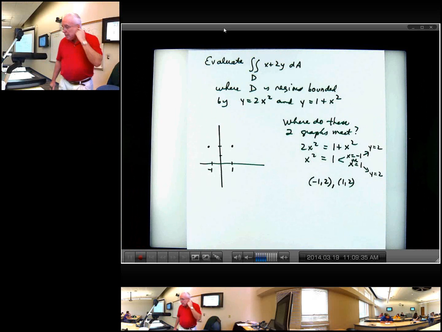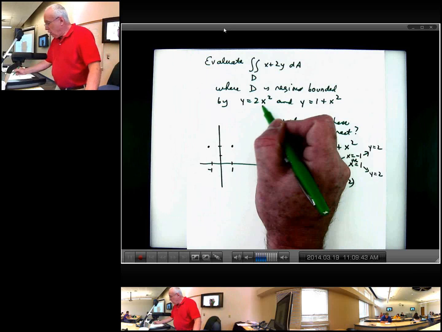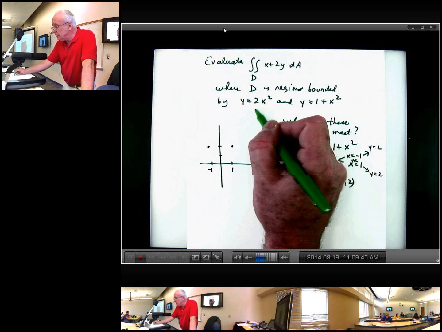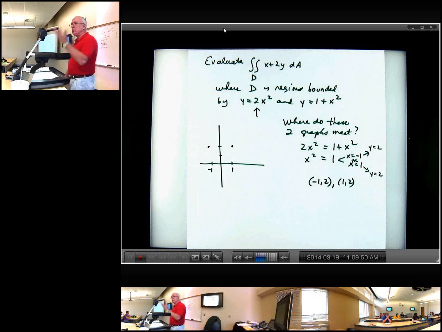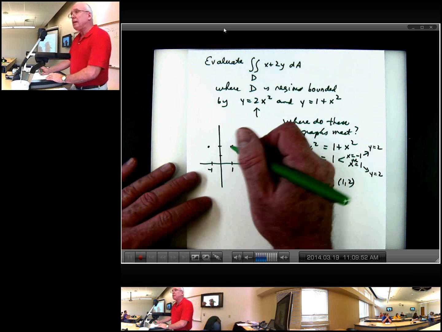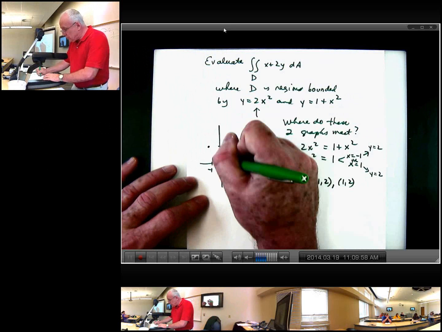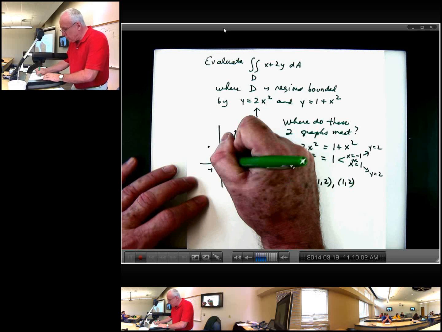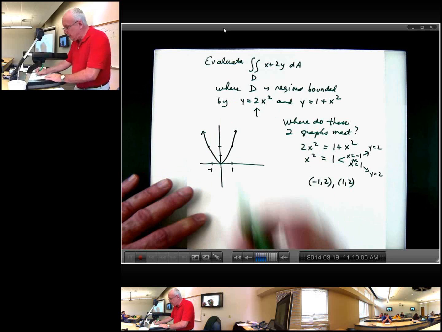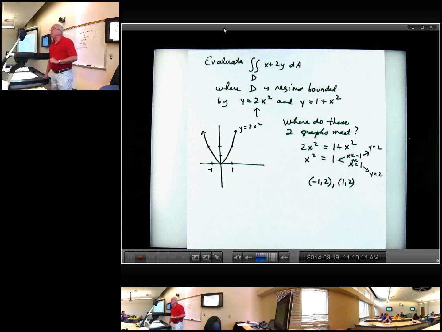All right. Then we just got to roughly figure out, well, what do these 2 curves look like? What other point is y equal to 2x squared going to go through? 0, 0. So remember, this is a rough graph. We don't have to be real precise. Y equals 2x squared is going to be a parabola starting at the origin, and it's going to go up like that. Okay? That's y equals 2x squared. All right. Y equals 1 plus x squared.